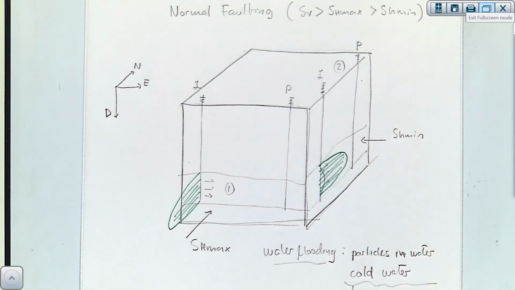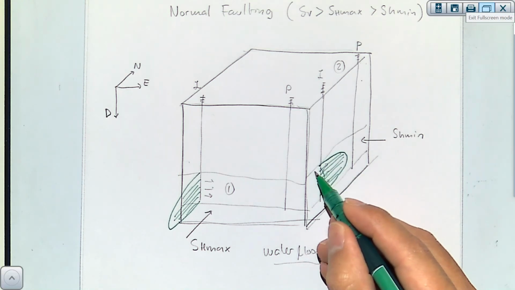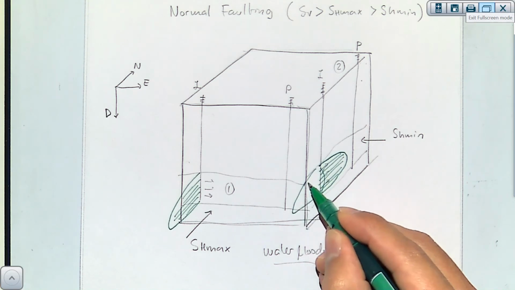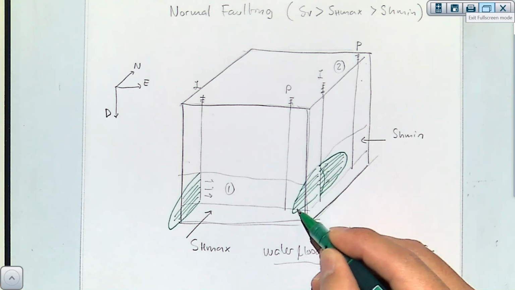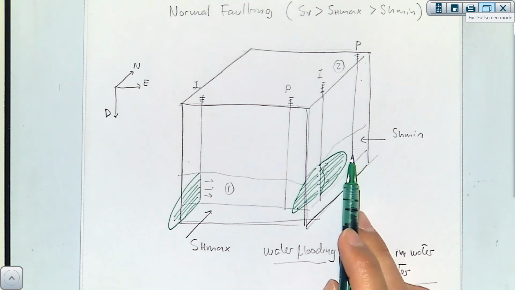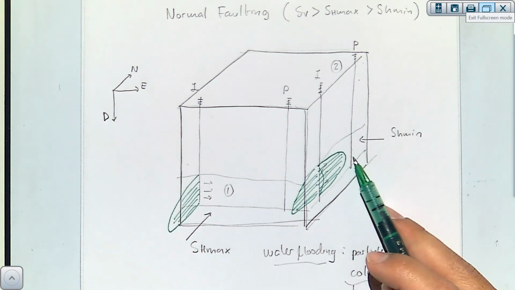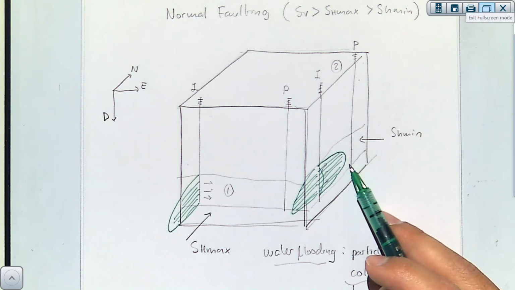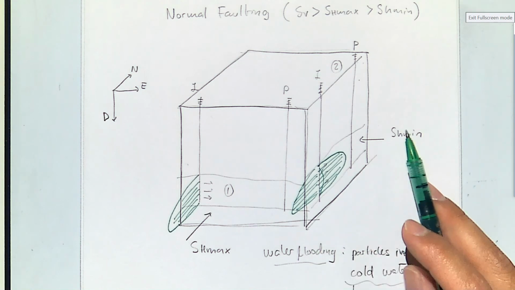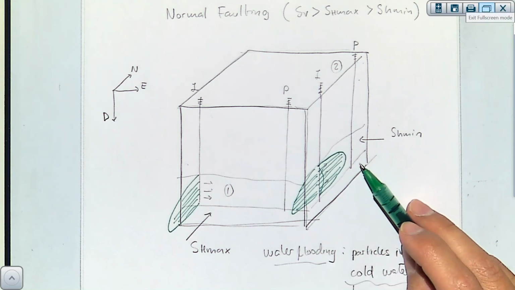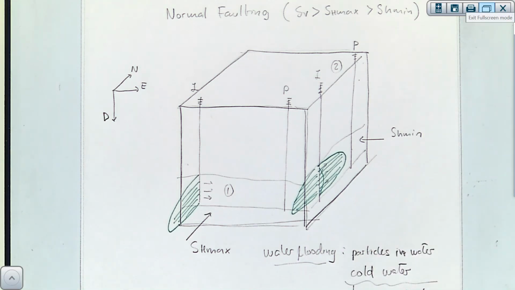And it's going to grow in the other direction too. It will potentially reach the producer very quickly, and then whatever you inject in order to displace oil is just going to break through very quickly through the producer, and then you're not going to displace anything.